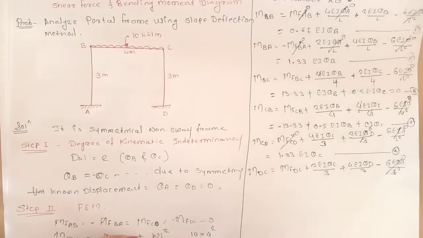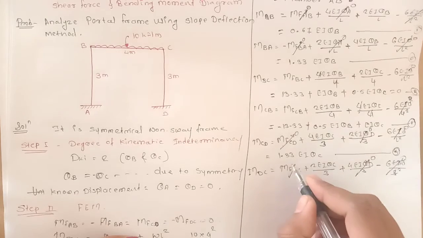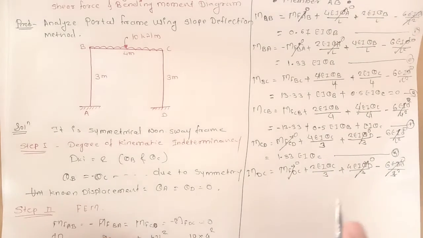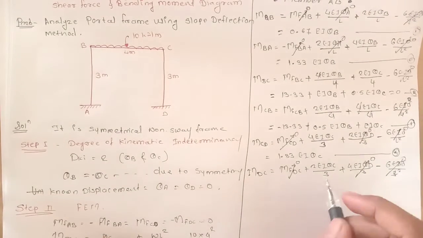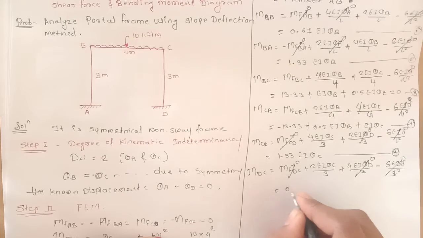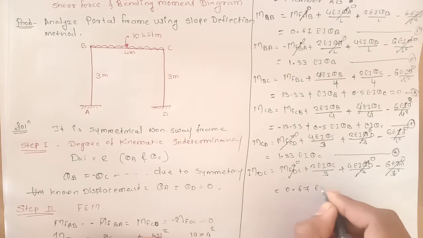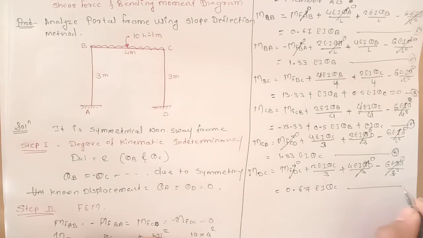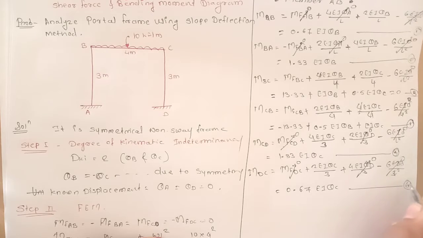Here the delta term is equal to 0, the theta D term is equal to 0, and the fixed moment for member DC is also equal to 0. So remaining is 2 EI theta C divided by 3, which is nothing but 0.67 EI theta C. This is equation number 6.